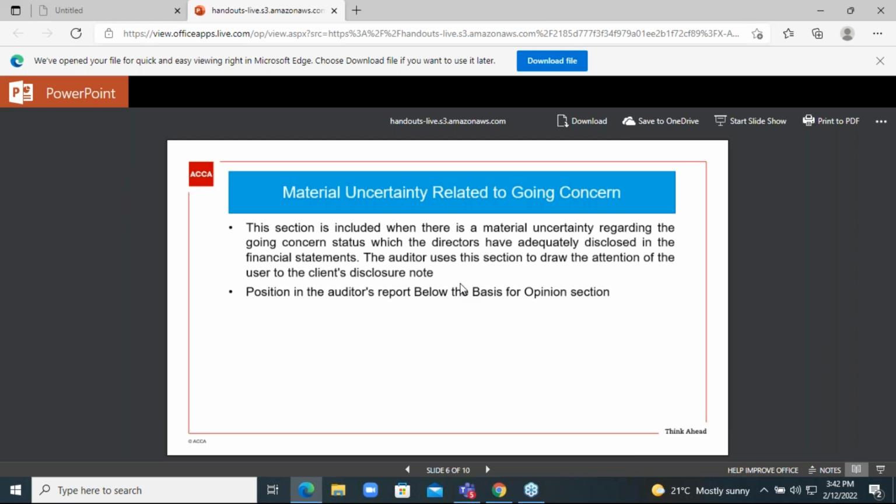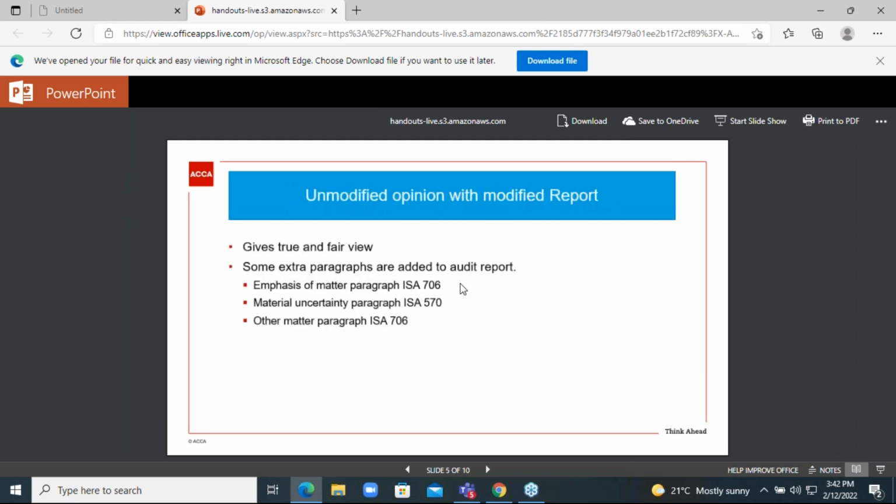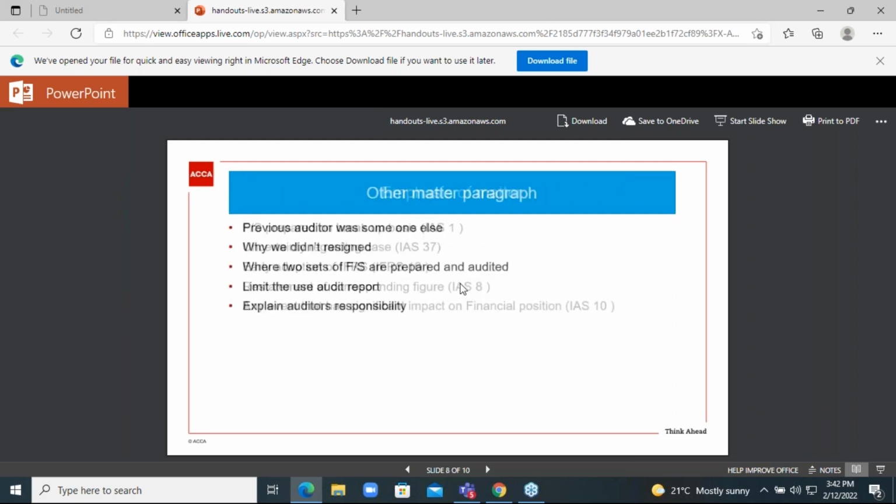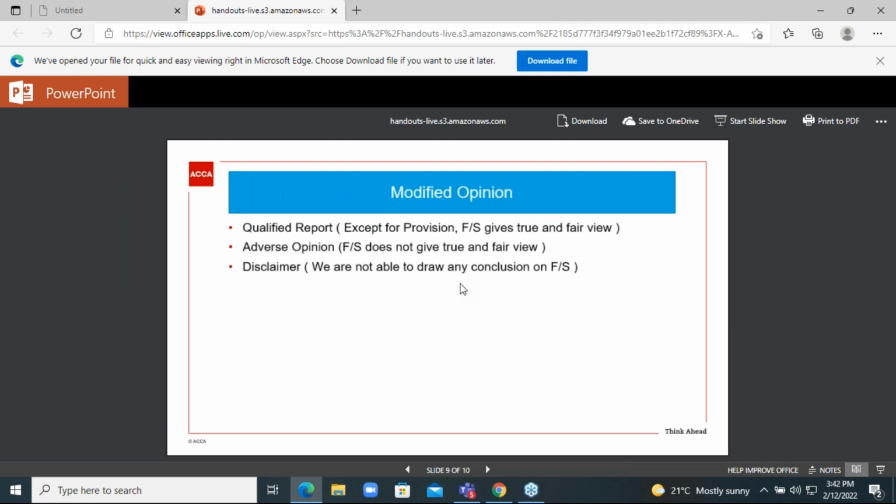Once again, I am repeating the fact that these paragraphs are used when there is no material misstatement. If there is a material misstatement, for that specific issue we are not going to use any of these paragraphs. Then what we are going to do is go for a modified opinion.